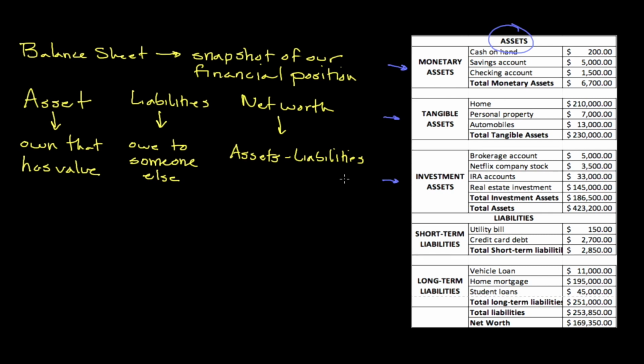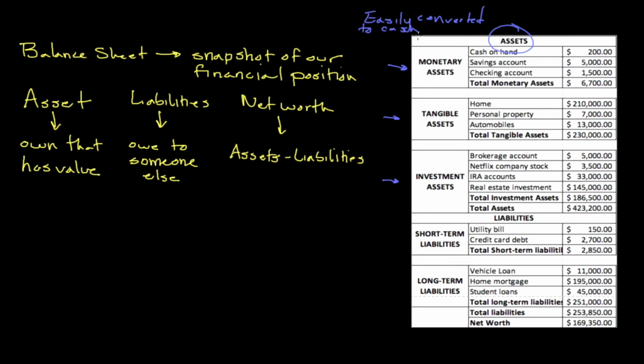Monetary assets include assets that can be easily converted into cash. So that means that whatever the asset is in, we shouldn't have a very difficult time converting it into cash relatively quickly.